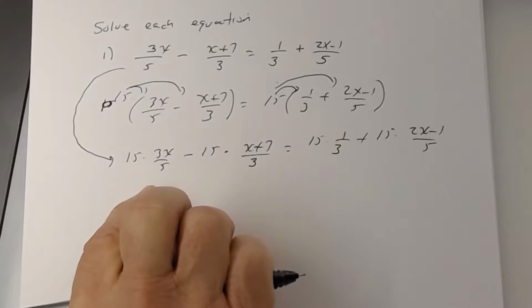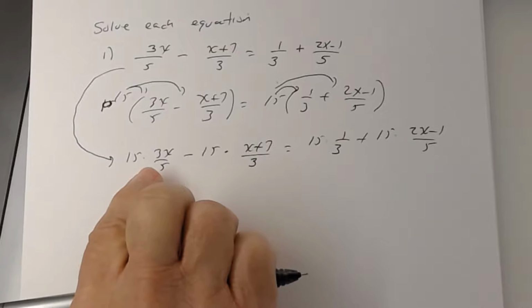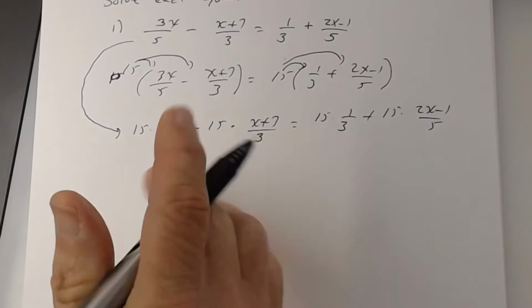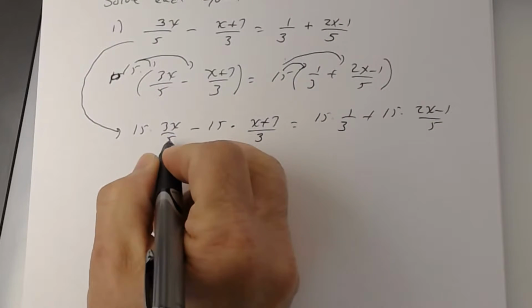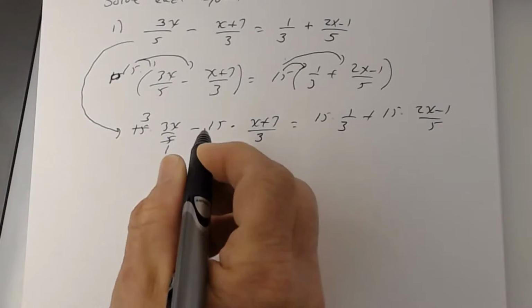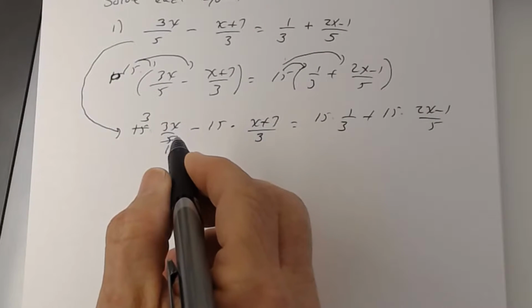Okay, so 15 times the 3x over 5, right? Yes. Since you already know that 5 times 3 equals 15, would you just multiply 3 times the 3x on top and it cancels the denominator, or no? Basically what we're doing is, at this point, we're going to say 5 into 5 is 1, 5 into 15 is 3. Yes, that's what I'm saying. It would be understood as 3 automatically.